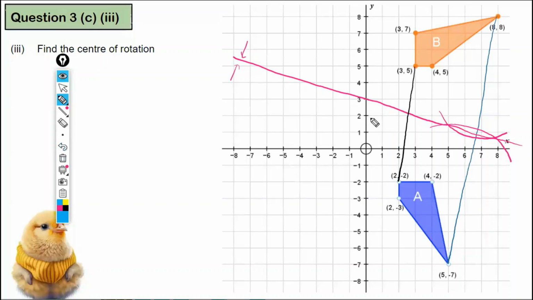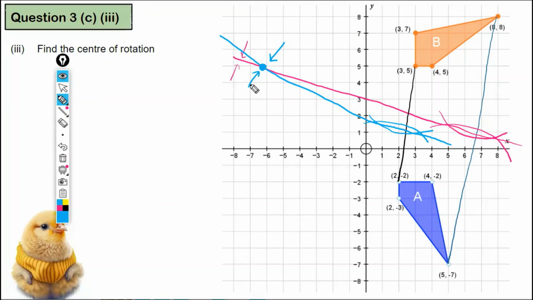If we were to bisect this line, it might look something like that, and then we would go through here. The two bisecting lines will come together at one point. That point would be the center of rotation.